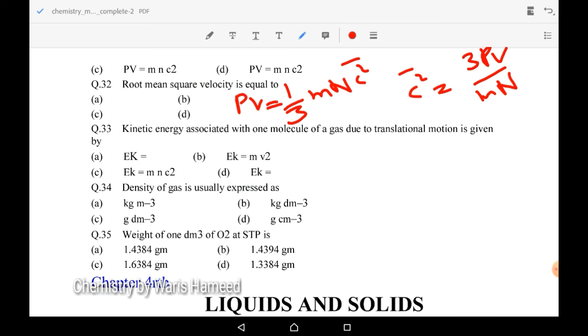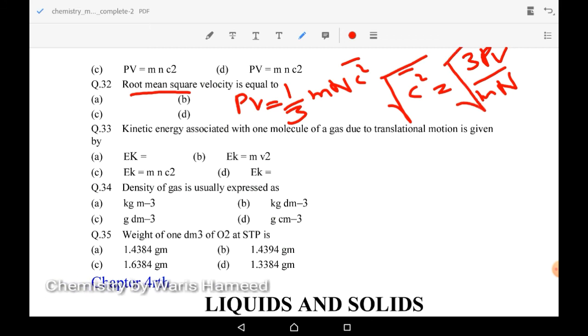Here it is root mean square velocity, so we have to write under root. Then we can say the root mean square velocity is equal to 3PV over mn whole under root. It is the correct option.